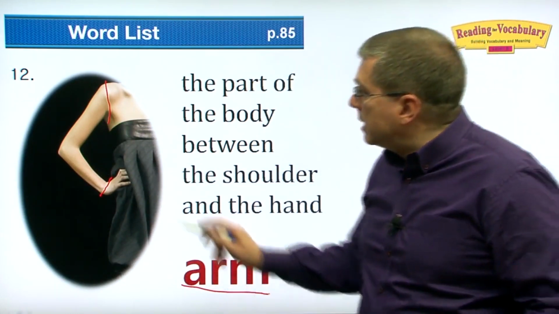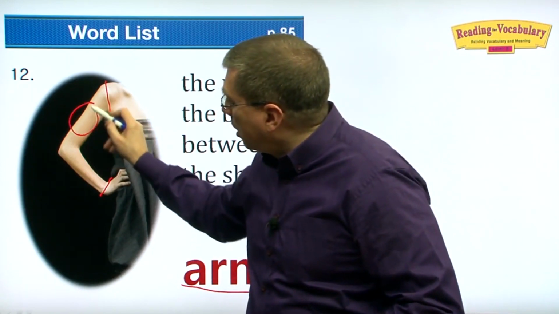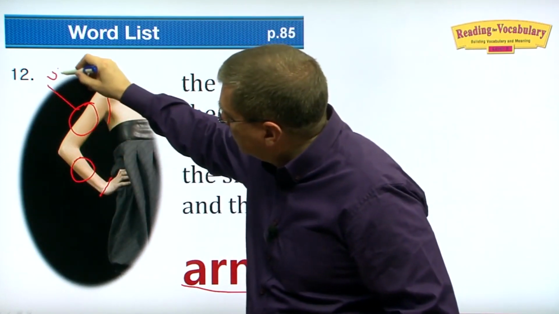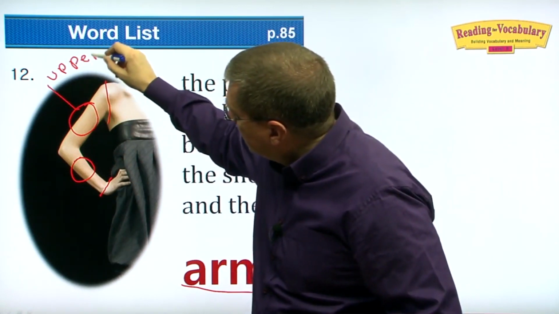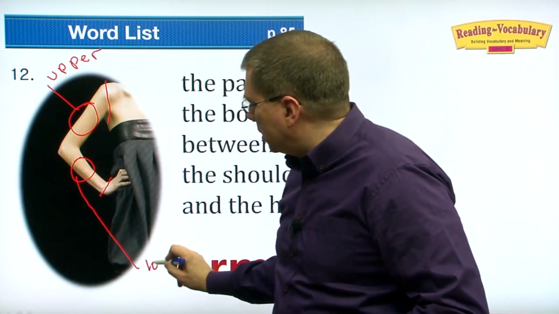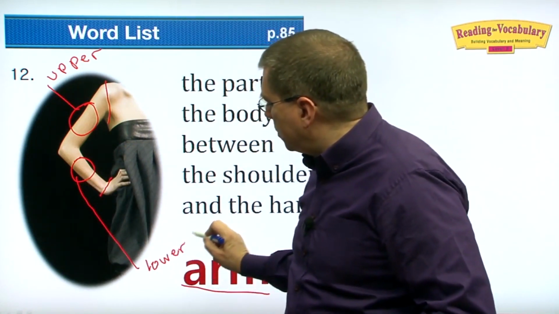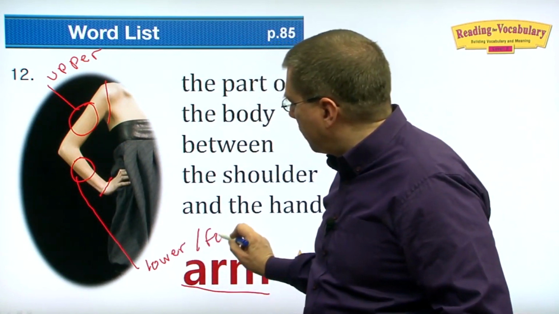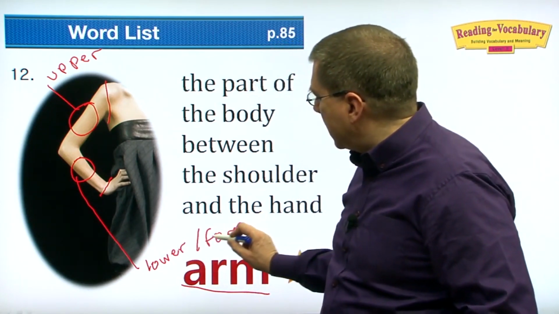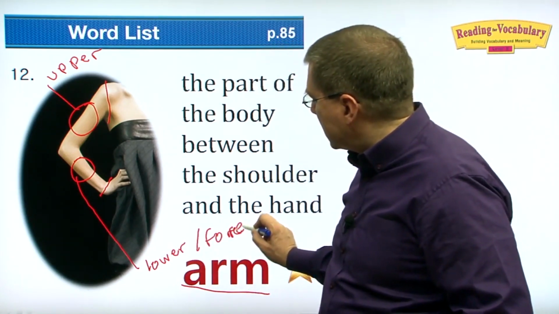The arm. Now, of course, you have an upper arm and a lower arm. So we can say this is upper arm. Well, you could say this is the lower arm, but some people will also call it the forearm. Forearm. Yeah, that's an E, not a C. F-O-R-E.